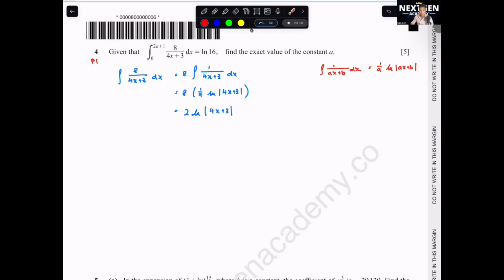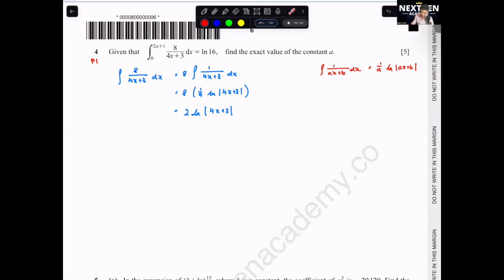So you need to put it as a modulus. If you substitute inside and get a negative, you have to change it to a positive. Please take note: it's a modulus, not a bracket. But if you write a bracket and the value is still positive, you are lucky, you still get the correct answer.